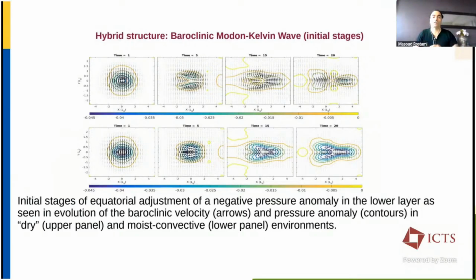And so there's a vertical structure, and the vorticity changes sign. So if we initiate the moist convection in the lower troposphere, amazingly, we see that the structure is very, very similar to what we saw in the equatorial modon. So we called it quasi-barotropic equatorial modon.